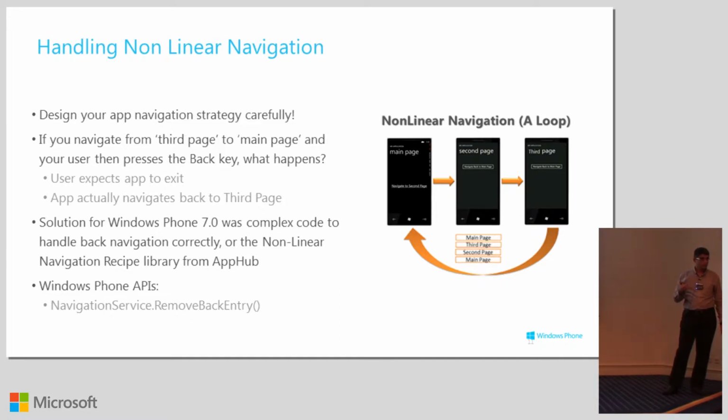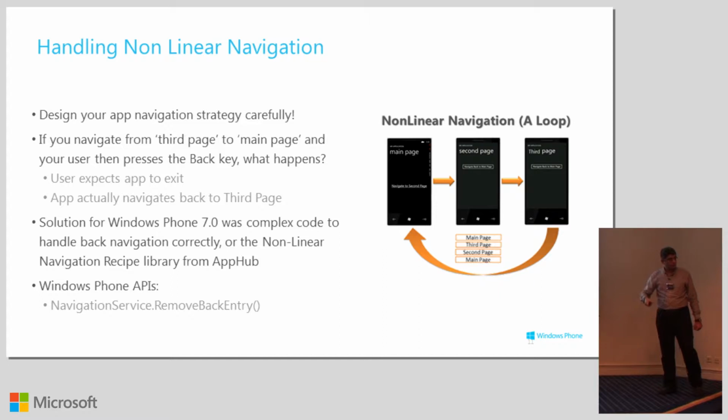If you have a navigation hierarchy like this, then you need to pass information to the page where you are coming from. If I remove the back entry, it's going to point to page 2. If I have 2 back entries, then it's going to point to page 1.